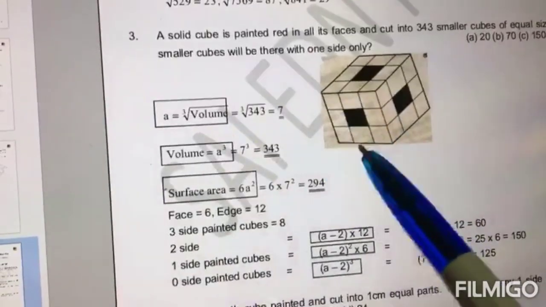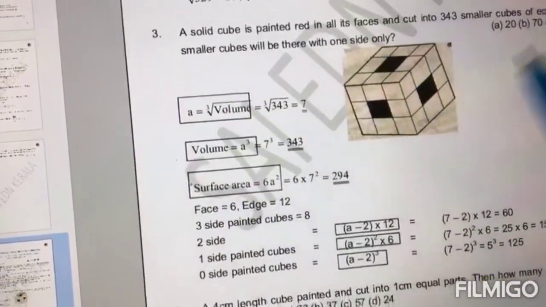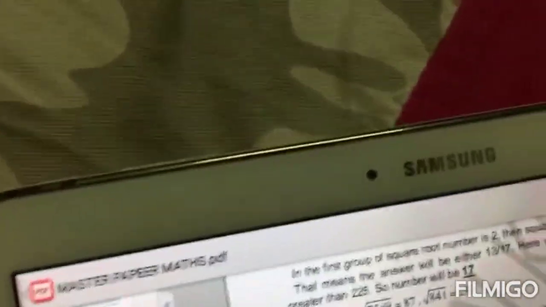Now a cube has 6 faces, which I told you, right? And it has 12 edges. What are the edges of a cube? Let me show you what you mean by edges. Okay, let us take a cube. Looks like this.